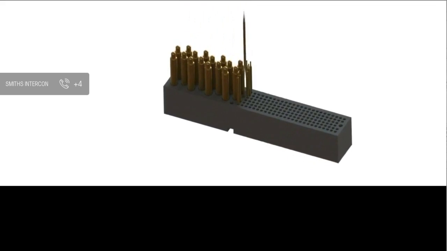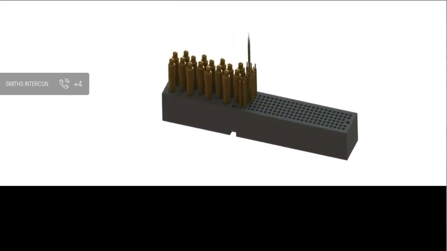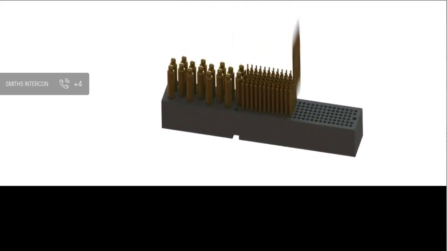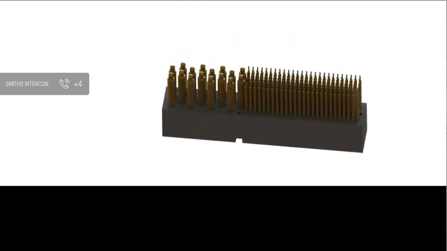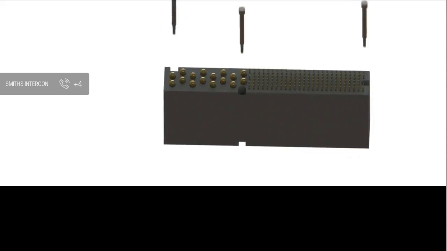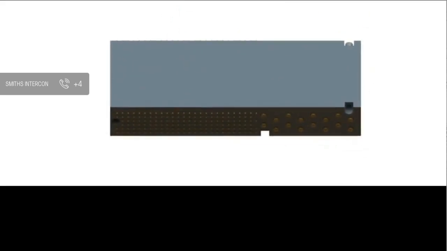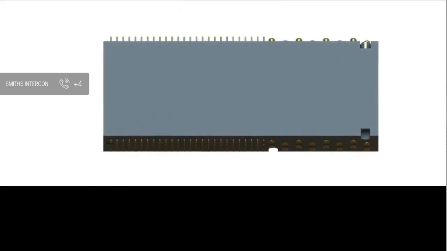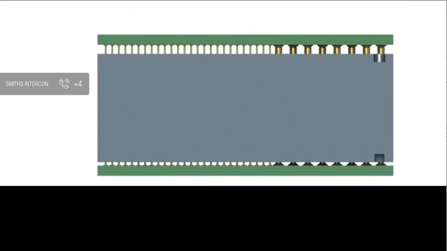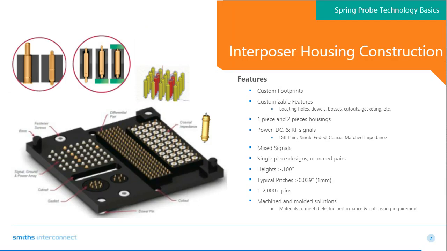You'll notice that we're utilizing 2 different probes within the same housing. This allows us to provide a solution that can handle some high-speed differential pair signals along with standard I/O, while the larger probes that you're seeing on the other end are being utilized for high power. In this particular example, those larger power probes are about 8 amps per probe. All of this is contained within the same connector. Next, all of this gets buttoned up with dowels, securing the 2 halves.